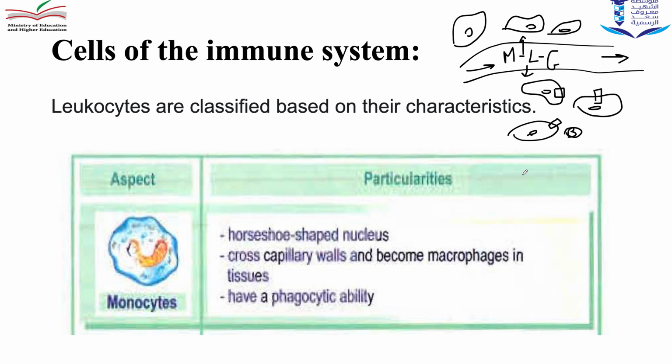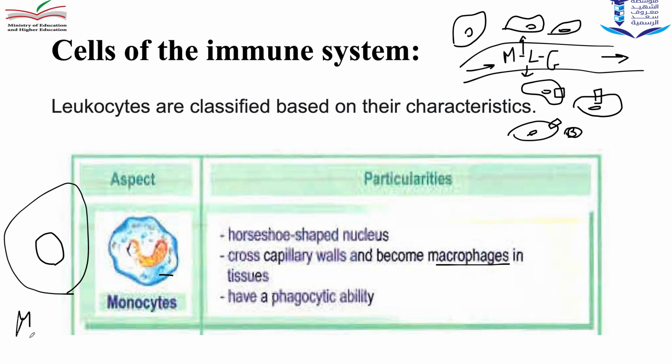So all white blood cells can cross the capillary walls, but what happens only to monocytes when they cross a capillary wall? They search for non-self. In case they find non-self, they become macrophages, meaning bigger in size. This monocyte becomes bigger because it needs to perform phagocytosis.